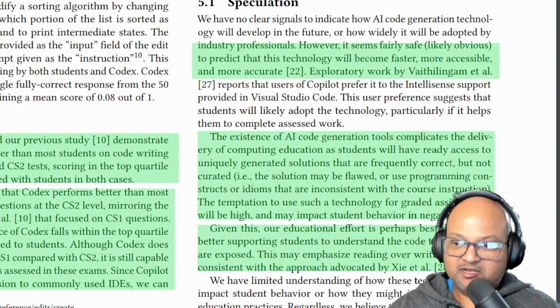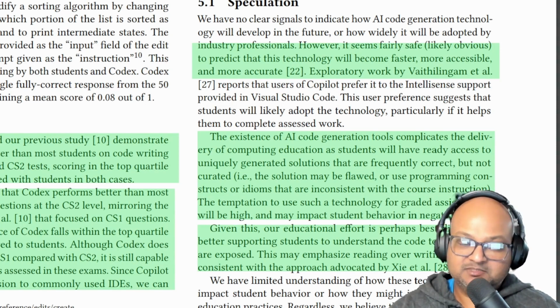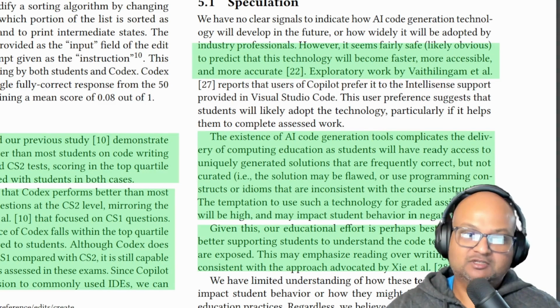It seems pretty obvious that these tools will only get better, more accessible, and be able to tackle more and more challenging problems. And so this is something we do need to figure out. How do we teach computer science with tools like this?